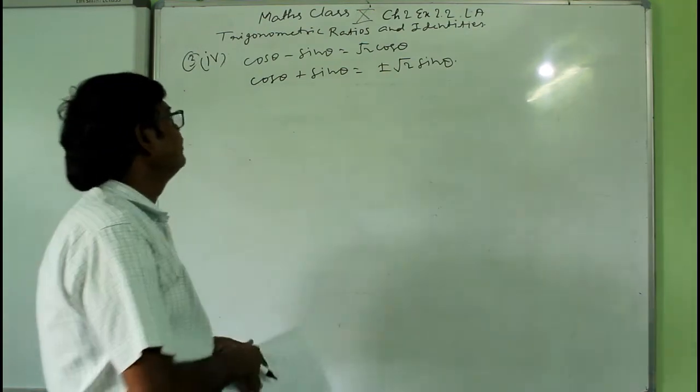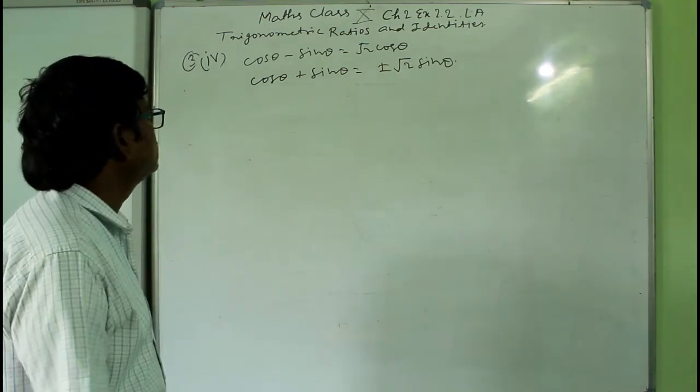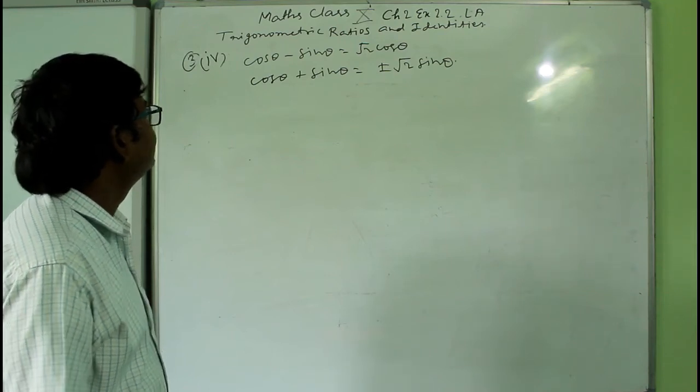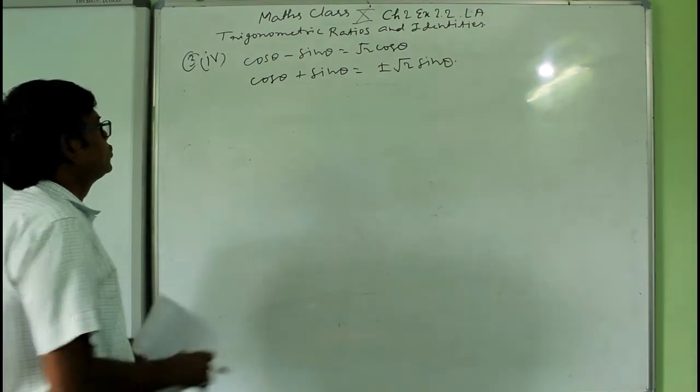So we have to do this, cos theta plus sin theta equal to plus minus root 2 sin theta, right? So this is the question.